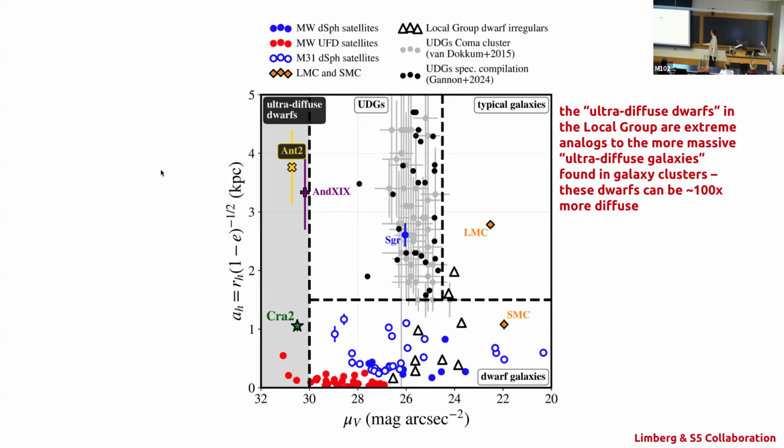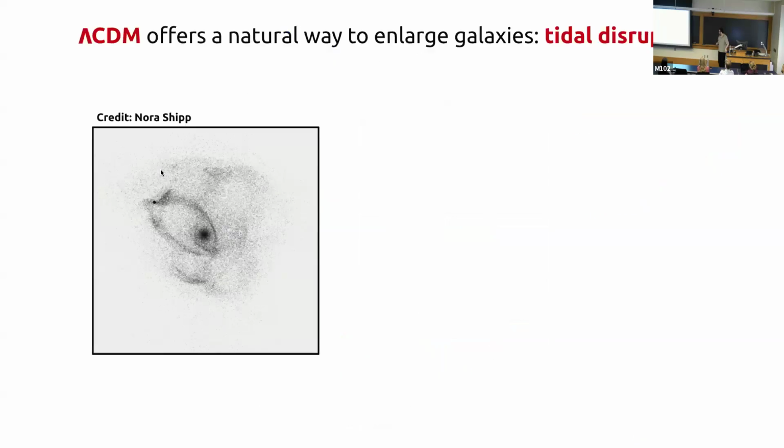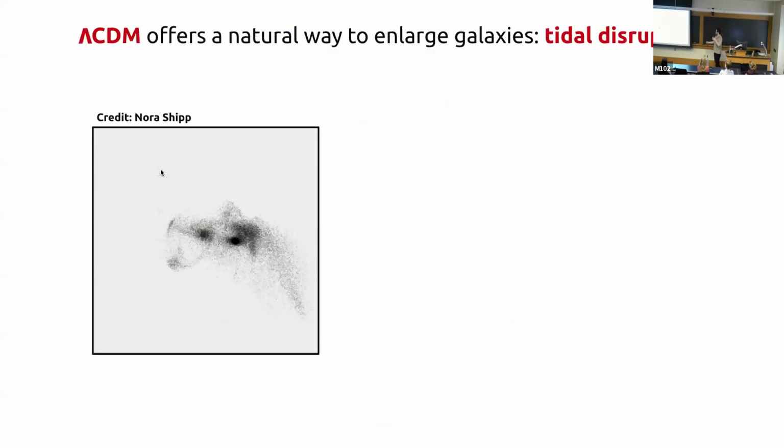So these are really extreme objects that cannot be explained by the galaxy formation models that we have. However, having said that, there is usually one explanation for how galaxies can be enlarged in lambda CDM, and the mechanism that we have in lambda CDM to enlarge galaxies is just tidal disruption. This is one simulation just to illustrate this.